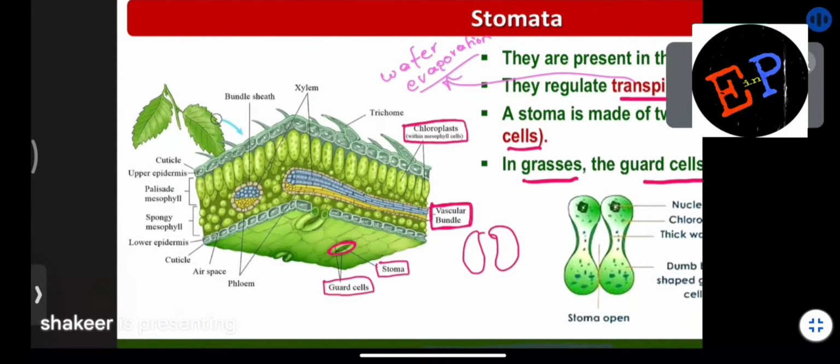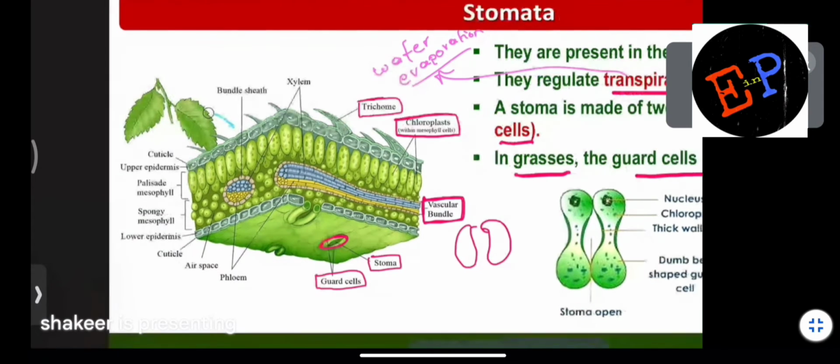What is meant by chloroplast? It is responsible for performing photosynthesis. Trichomes are present. What is meant by trichome? Hair-like structures, which we have already studied, which are present on the epidermis. And here you can find the xylem layers, and this is the bundle sheath. And this is the cuticle.